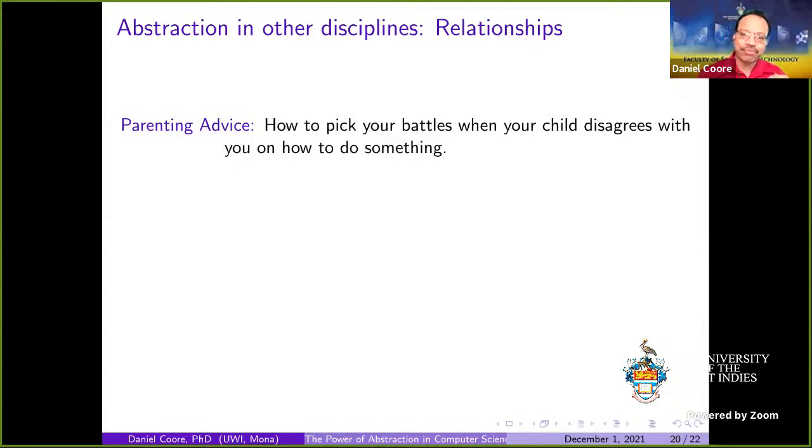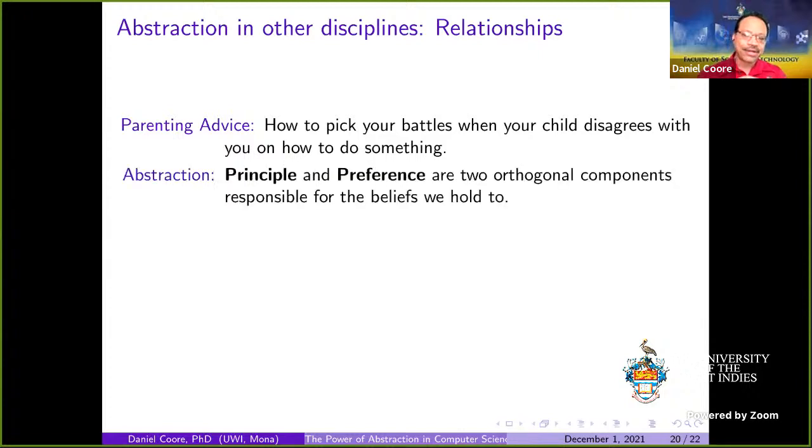When you have a position on something, you're trying to get your child to do something a particular way, and they don't want to, or they're doing it somehow differently. The advice was, is that difference because of a principle you hold there, or is it because of a preference? And if it's a preference, then perhaps you ought to think about giving some leeway to that child to express themselves in a different way.